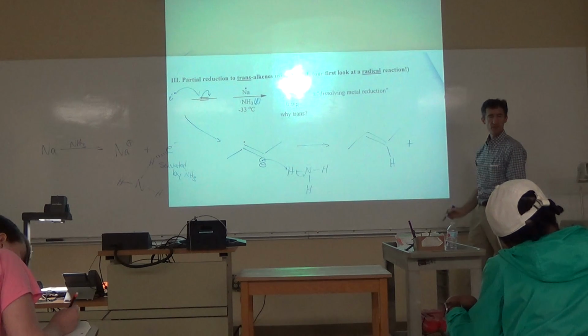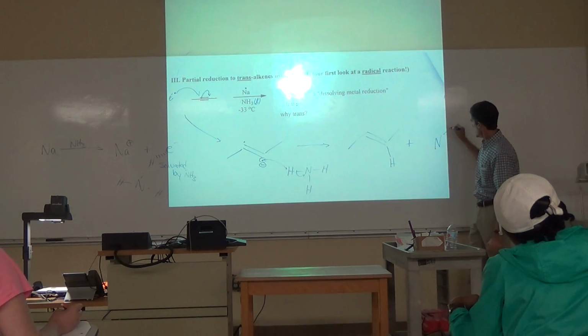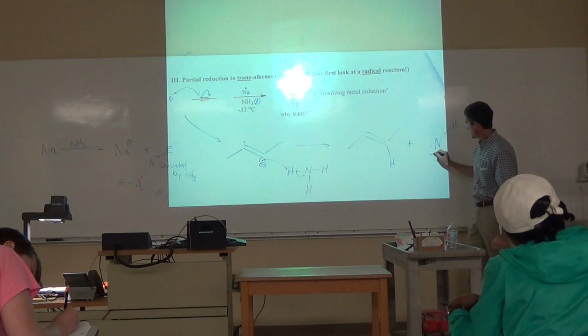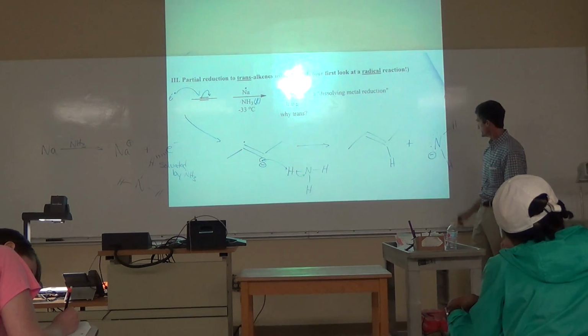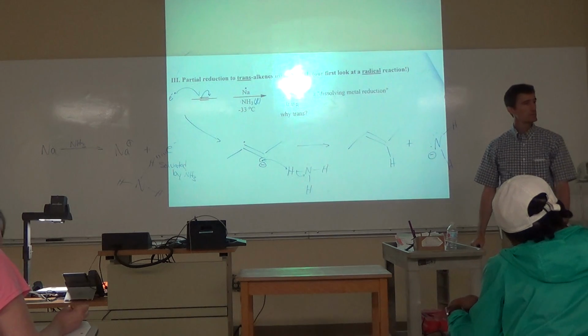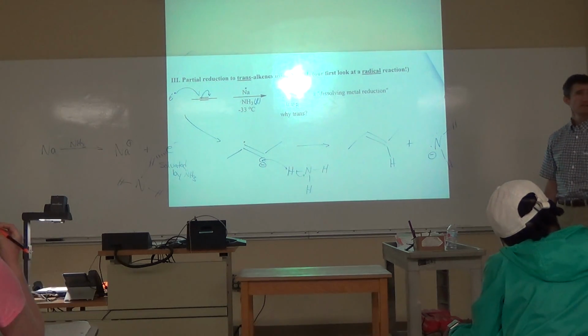What does the nitrogen now look like? How many lone pairs now on nitrogen? Two. And the charge? Negative. That's just a good old acid-base reaction that you should have been able to show 10 days ago.